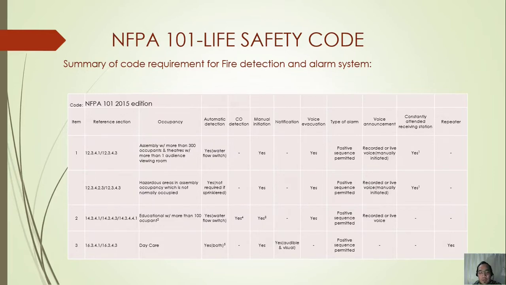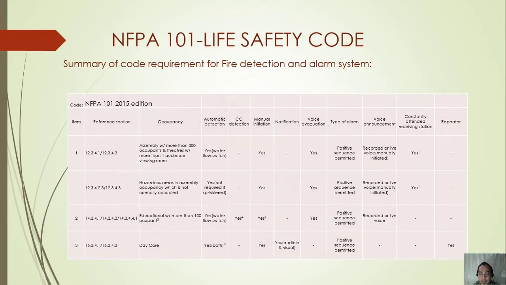So there's no requirement for provision of other initiating devices anymore. Because having a sprinkler in the building is also at the same time giving you the detection requirement. Okay? For CO detection, it's not required. Manual initiation, yes. So we need to provide also manual pull station in the building.